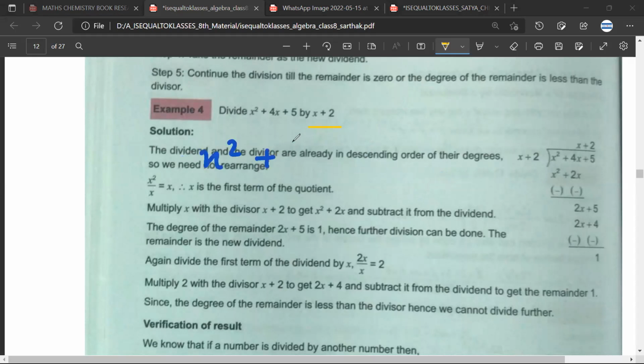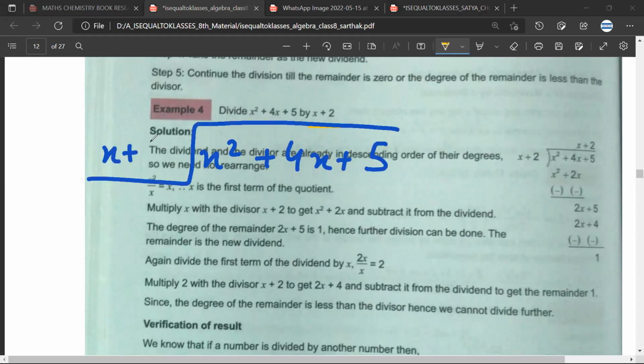So x square plus 4x plus 5 divided by x plus 2. The degrees of each term are in descending order. So first, using this, you will try to eliminate this. How can I do this?